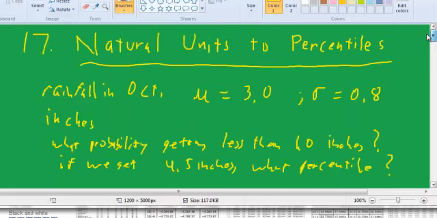What's the probability of getting less than 1.0 inches? We take the 1.0, we use first the z transformation, x minus mu over sigma. x is our 1.0 inches.